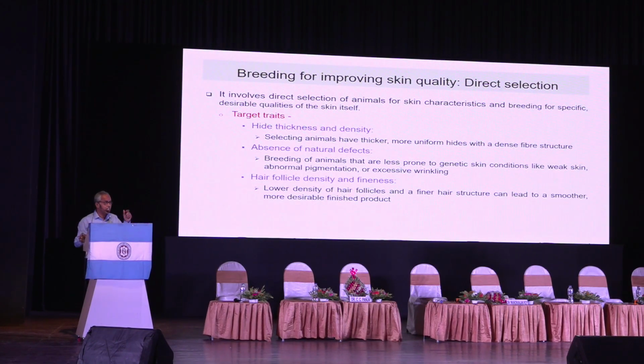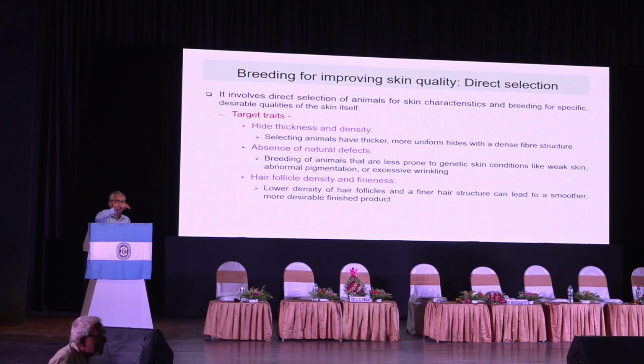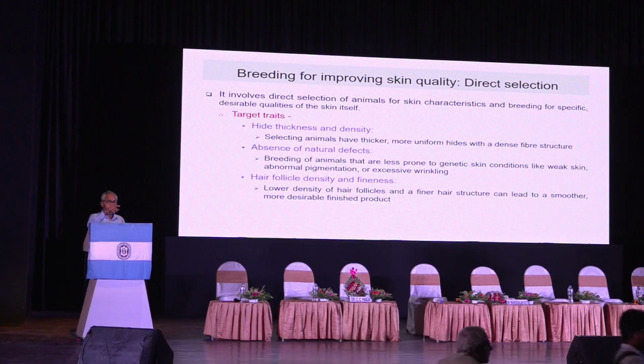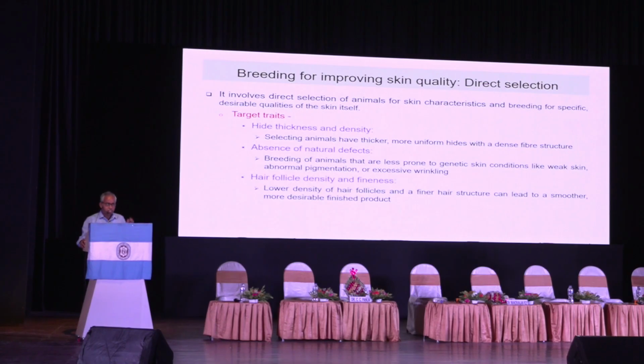Here, the direct selection of the animal, we have to educate the common people, the farmer, for direct selection of the animal. That means this animal is having quality skin traits. That's why it is called direct selection.